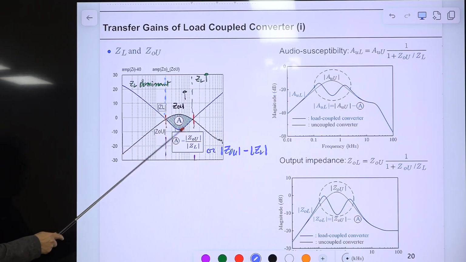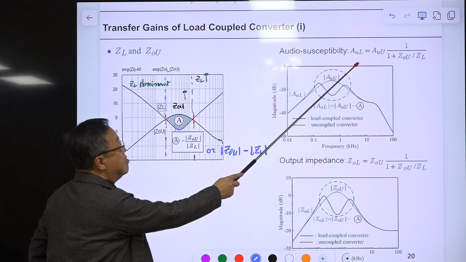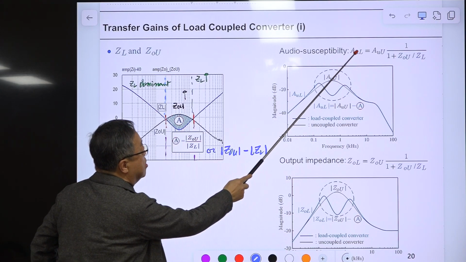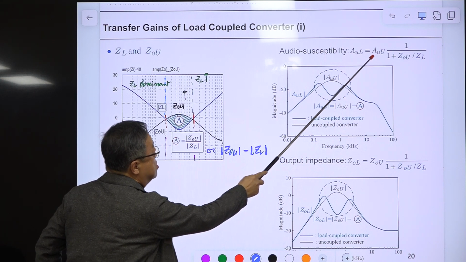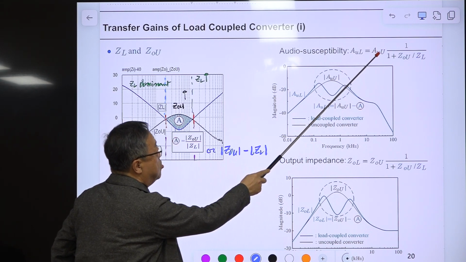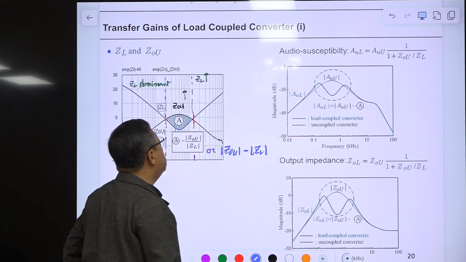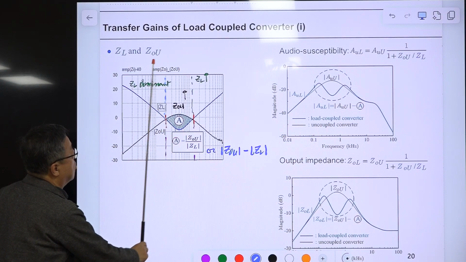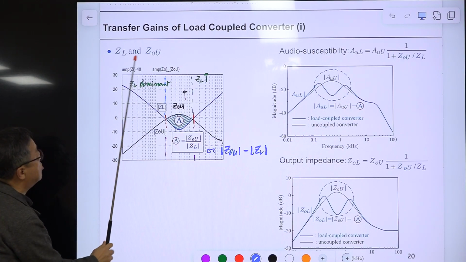We have this much of overlap. We know this from the previous analysis. AUL is the input-output transfer function of the load-coupled converter. This is the input-output transfer function of the uncoupled converter multiplied by this. We are comparing this because this is appearing here and here. So this is very important.